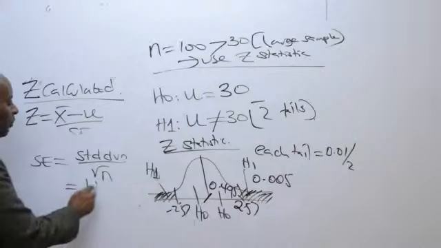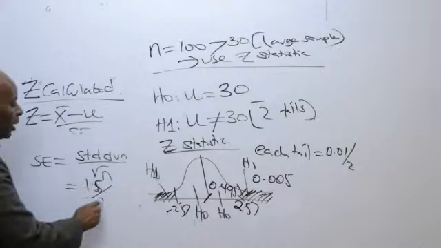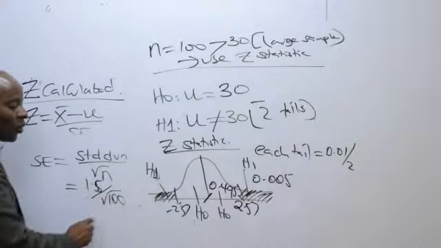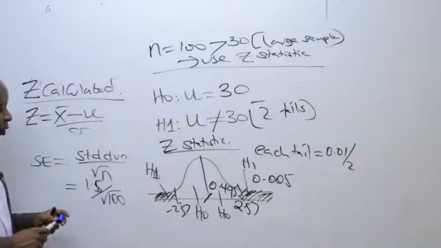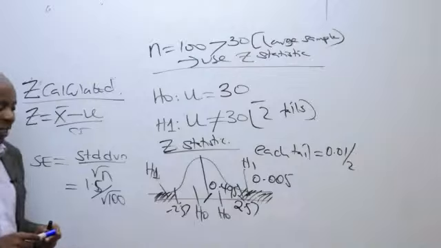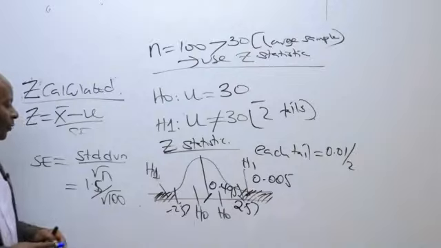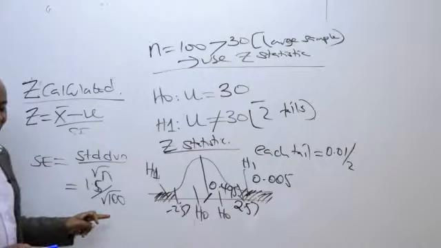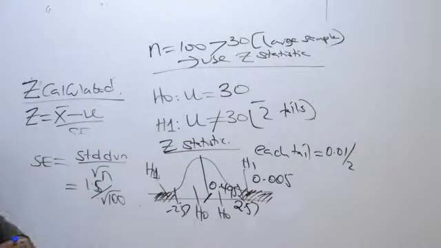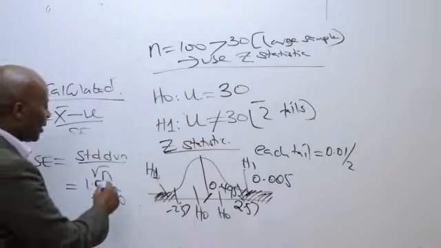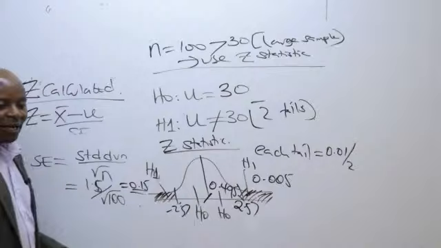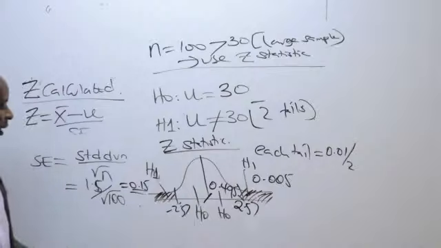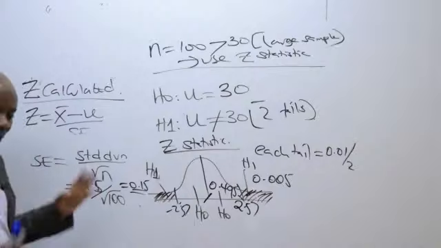So it will be the 1.5 that you have given me divided by the square root of 100. So 1.5 divided by 10, thank you very much, Denise, 0.15. That is the correct answer for standard error.